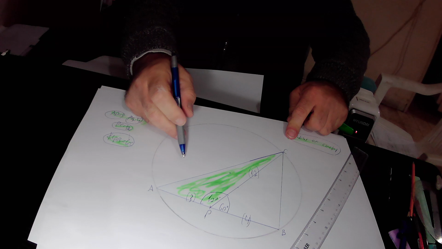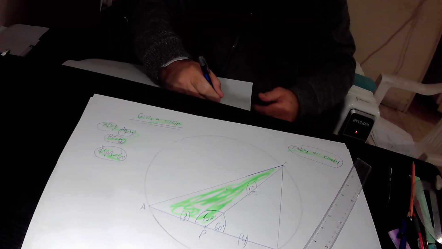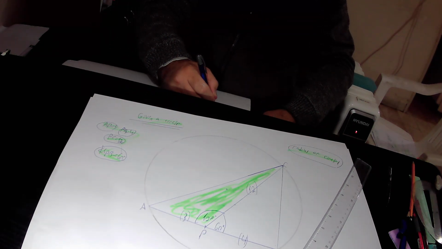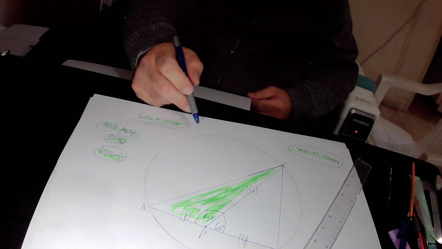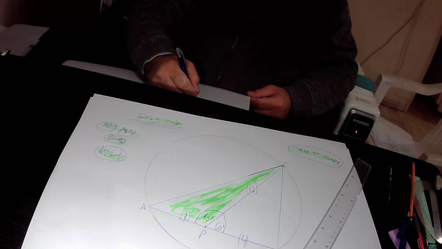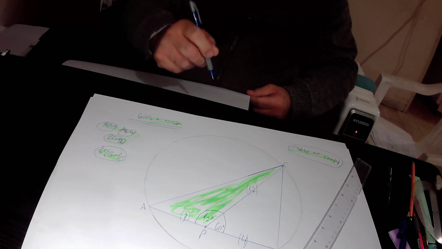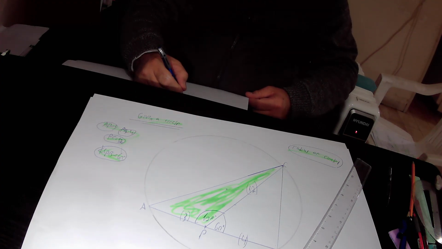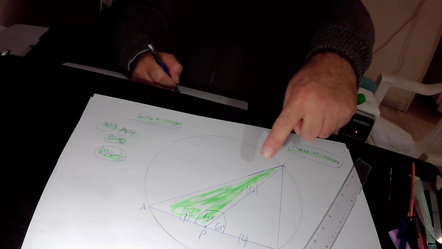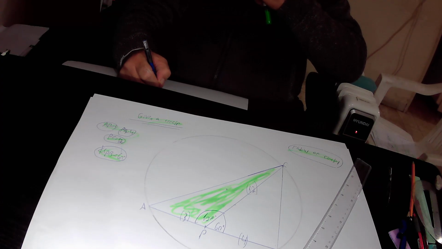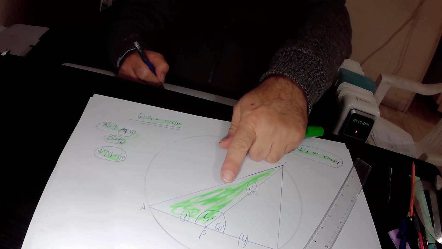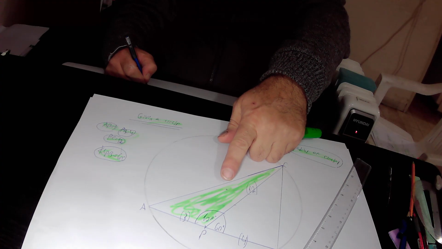CA squared equals PC squared plus AP squared minus 2 times AP times PC times cosine 120 degrees.